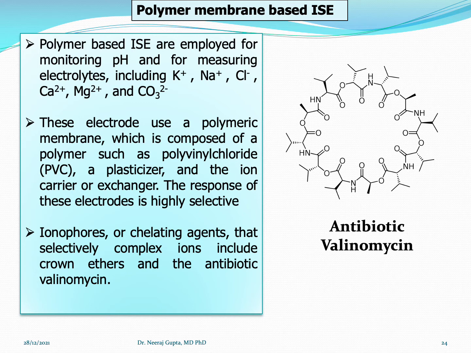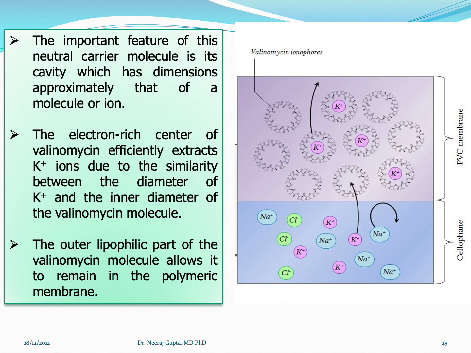Ionophores or chelating agents that selectively complex ions include crown ethers and the antibiotic valinomycin. The important feature of this neutral carrier molecule is its cavity, which has dimensions approximately that of a molecule or ion.